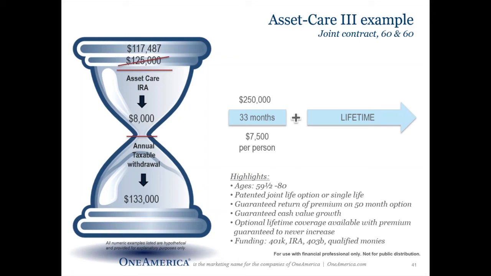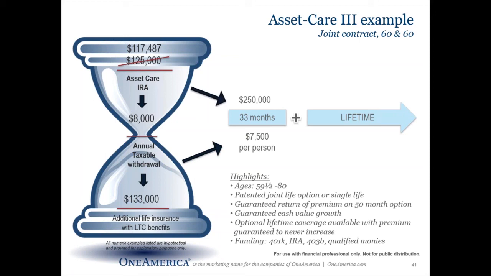So follow me through this example. We brought in 125. We took 8,000 out. At the end of the first contract year, we're left with a balance in the IRA of $117,487. We add to that the value of the life insurance death benefit, which in this case is $133,000, and we've got a total base policy amount, you guessed it, of $250,000.